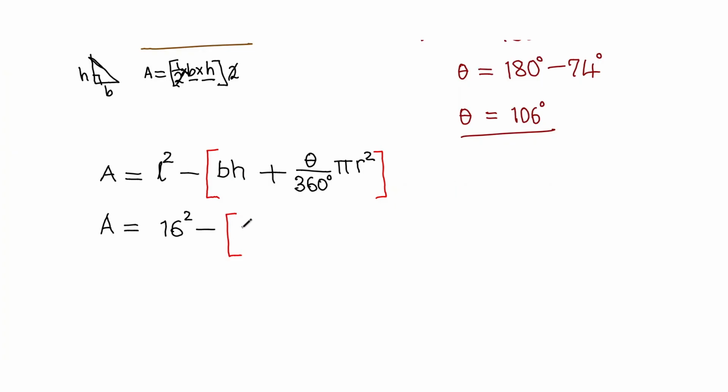And remember our base was 6, so we multiply by 8, and we add this to theta, which is 106 degrees over 360 degrees. Let me maintain the pi value here, and we multiply this by 10 square. Now, closing up this bracket, we can move on.